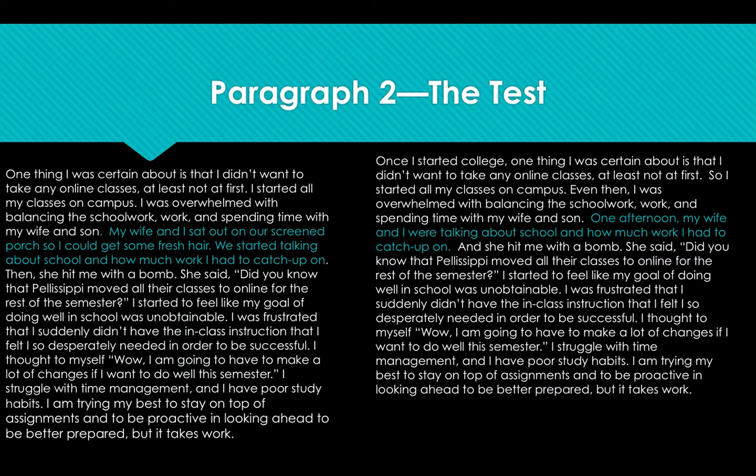Instead of my wife and I sat out on our screen porch so I could get some fresh air, we started talking about school and how much work I had to catch up on, the writer tightened it to, one afternoon, my wife and I were talking about school and how much work I had to catch up on. We really didn't need the detail about getting fresh air or sitting on the porch, because we have a lot of other details in this paragraph. So tightening the two sentences into one sentence is helpful here.